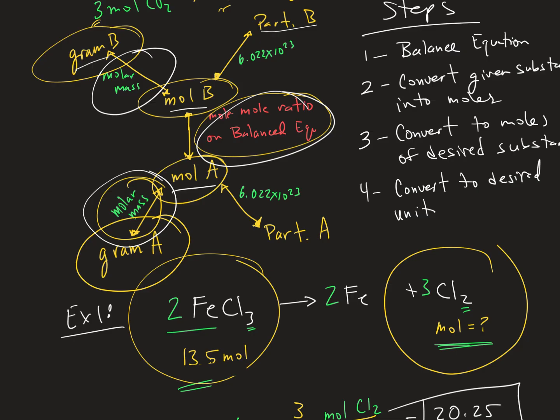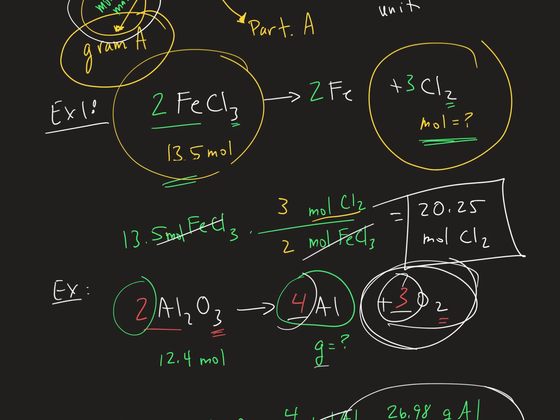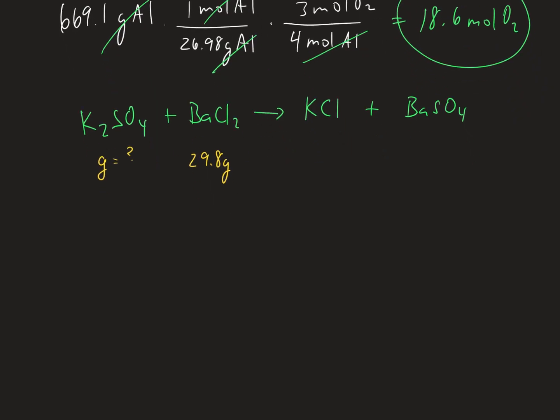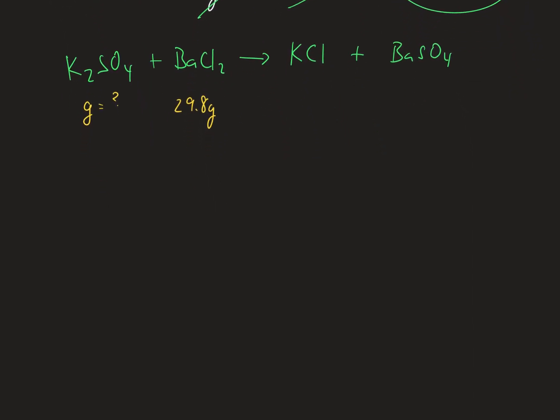Does that make sense how to use this map, guys? Okay, it might take a little bit to get used to, but so go for it. I know I can do it, and I know you can do it with my help. Now let's see if you can do it by yourself.